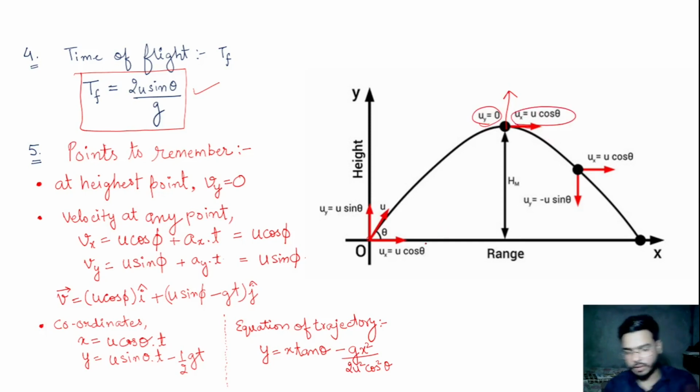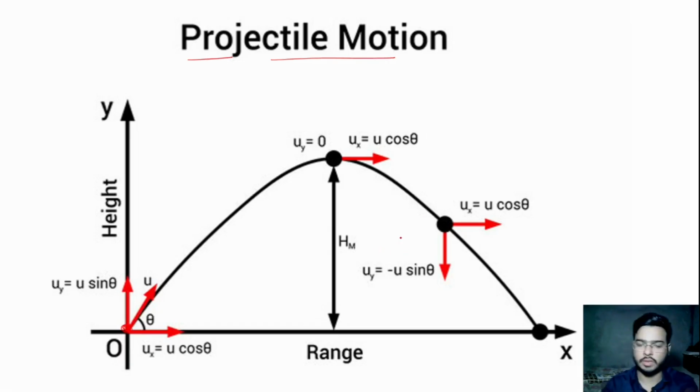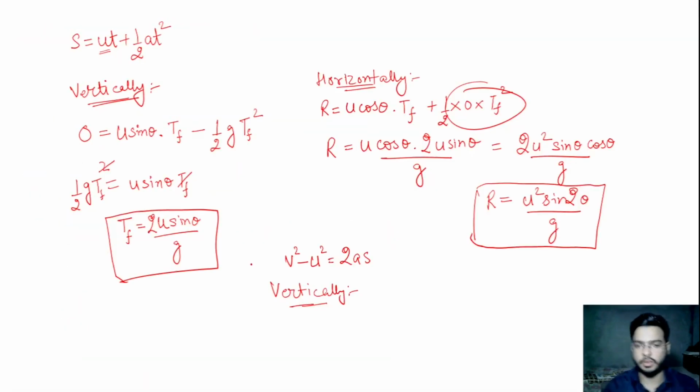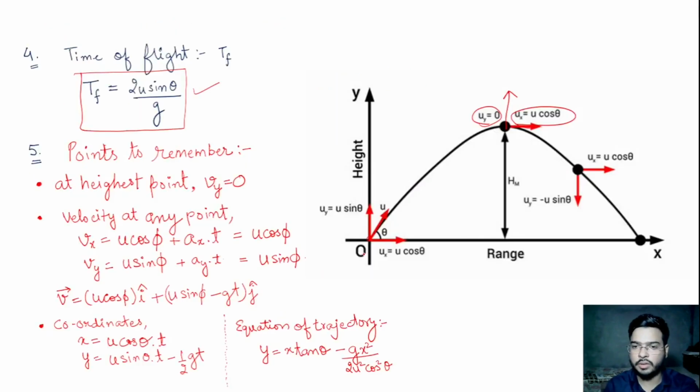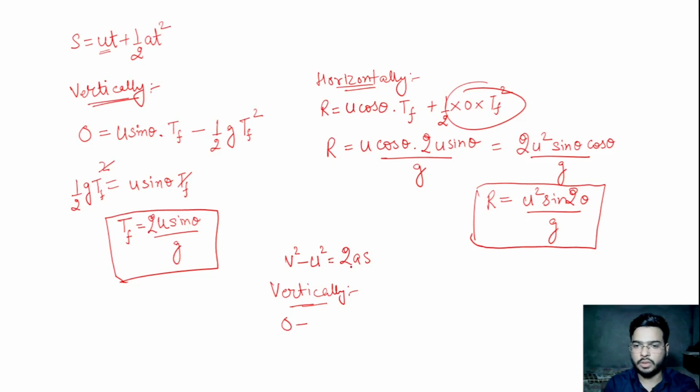So here if we are talking about the vertical and horizontal velocity, we will assume this. Just a minute. Yes. Okay, so here your vertical velocity is 0, okay. Vertical velocity is the final vertical velocity, this is 0, and the initial vertical velocity is u sine theta. So we can use u sine theta. 0 minus u sine theta squared is equal to 2as.